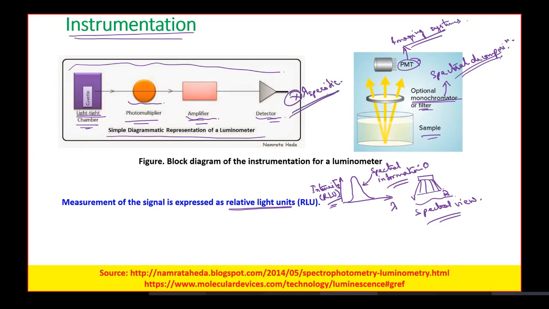You will just get information about the intensity, but which wavelength this intensity is coming from, you will not have any information about that. Okay. Any questions over here? No? Okay.